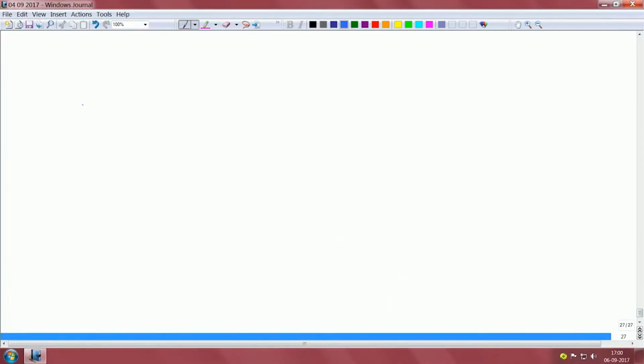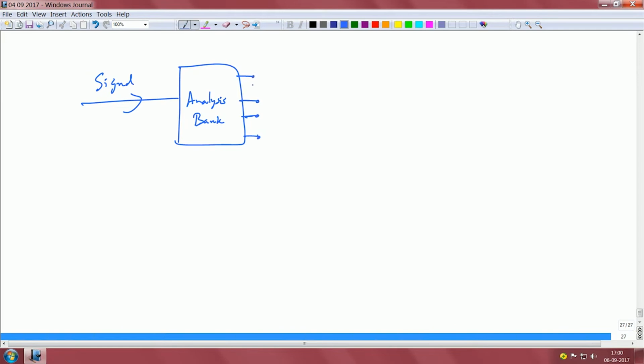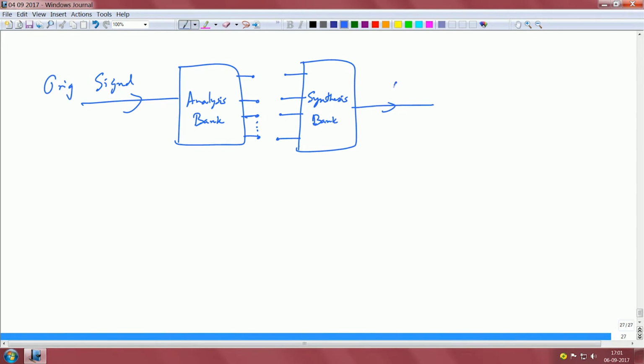That means we have a signal, we have an analysis bank, and let us say we have these subband signals, and we take these subband signals, pass them through a synthesis bank, and we get back our reconstructed signal, say x hat of n, where this is x of n.